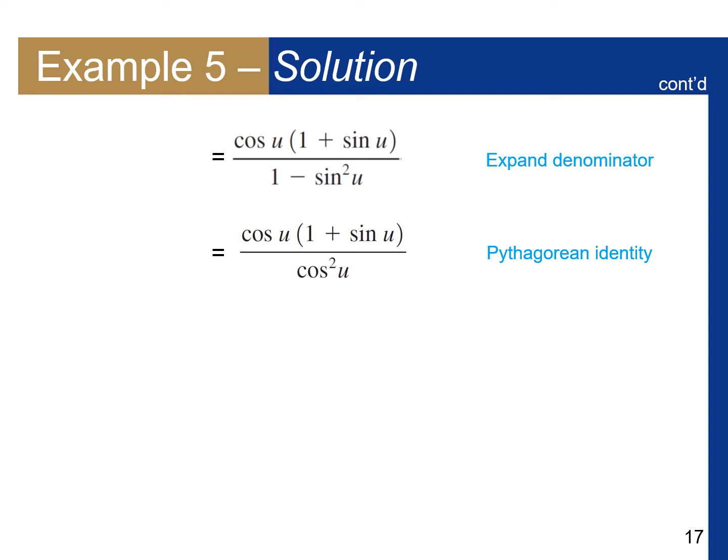Now that I have this, I can actually reduce a cosine, and I have 1 over cosine plus sine over cosine.